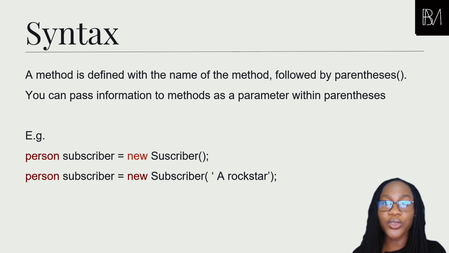And I'm saying new subscriber is the method I want the person to have. So I want the person to subscribe to the channel. And I'm passing a parameter into the subscriber to say that a new subscriber is a rock star because that's what they are. They are the people who keep this channel going.